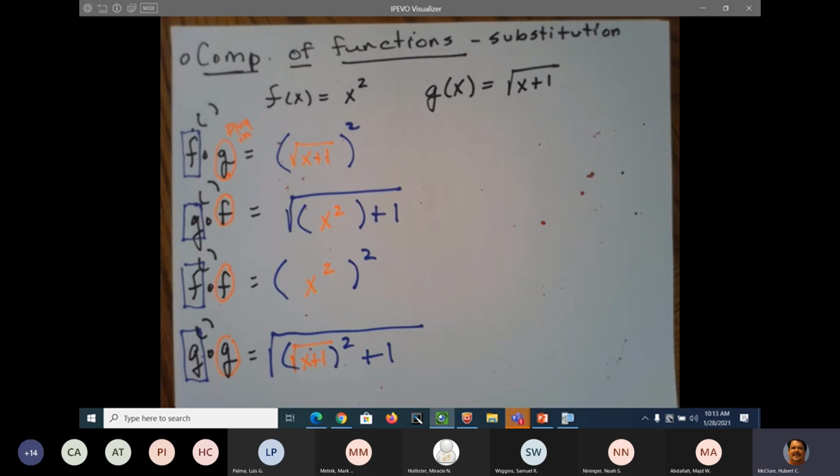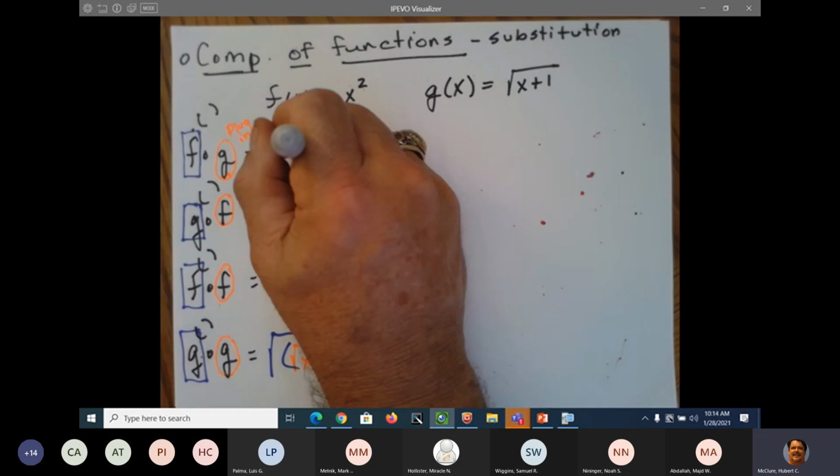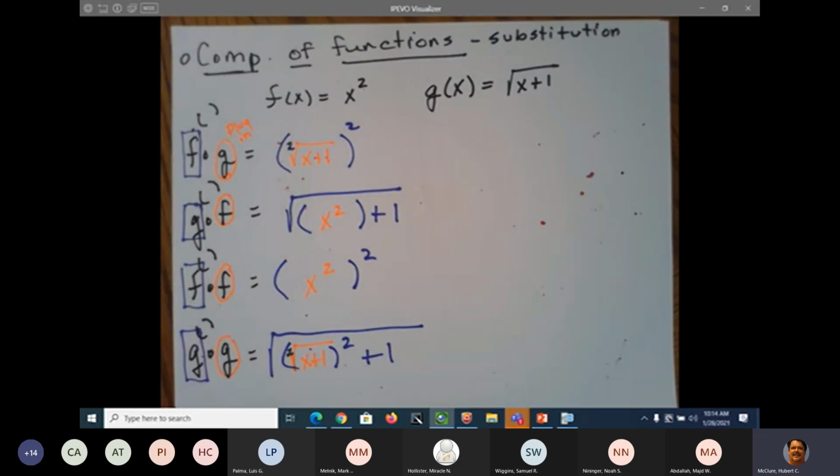What happens when you take the square root of a radical, let's make this distinction. Let's take a green marker, and that's a 2, and that's a 2. What happens when the exponent is the same as the index of a radical? What happens?